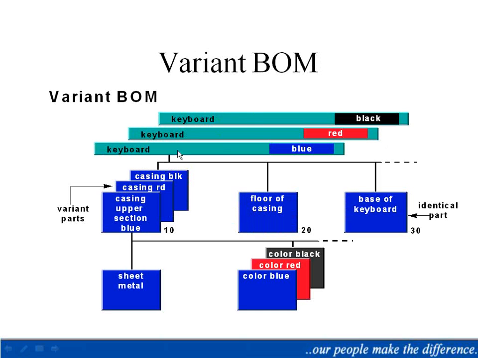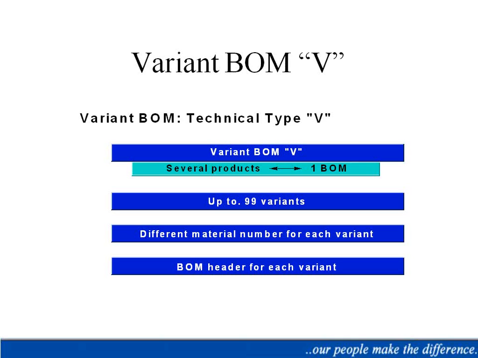In variant BOMs, as we discussed, the majority of the components are the same, but the outlook of the component is not exactly the same from one to another, and it has a slightly different characteristic. Here, for example, a black keyboard, red keyboard, or blue keyboard, different options are given. Even though the PC is the same, its outlook is different from the other one. That we call a variant BOM, and variant BOMs are a technical type.